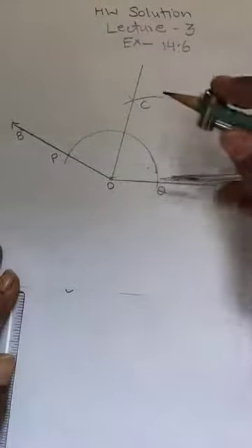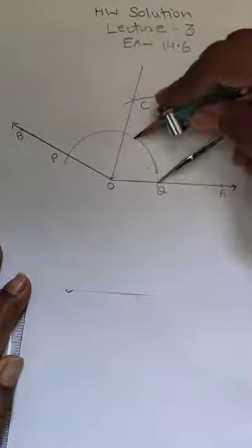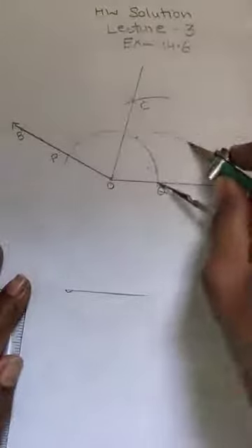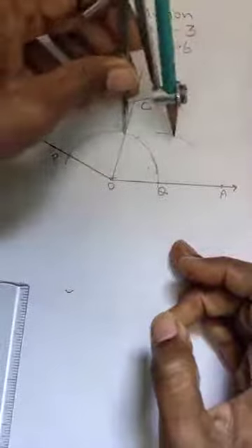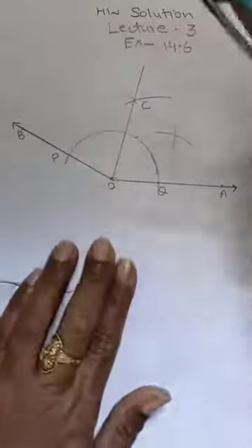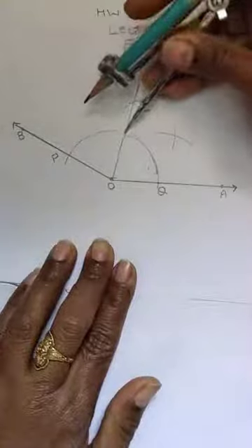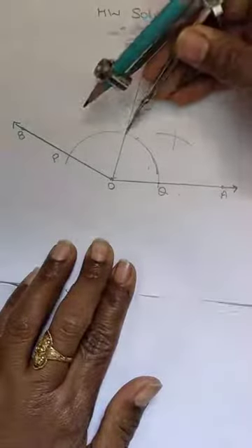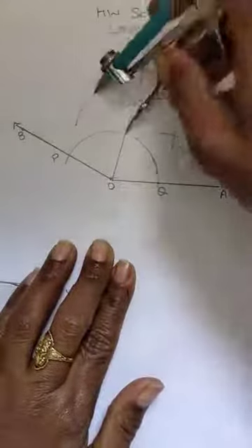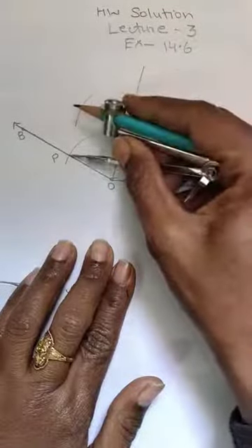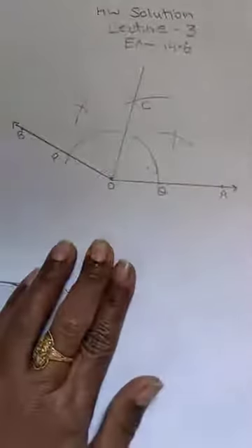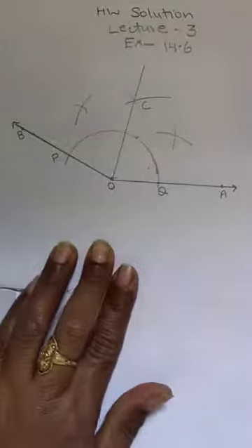So now we will open our compass more than half of this angle. Draw one arc from Q and one arc from this point. Same we will do here also in the second half. One arc from here and one arc from P, so that it will cut the previous arc.